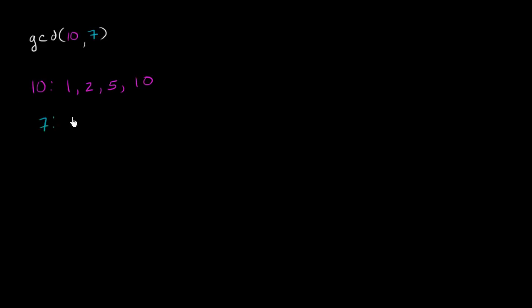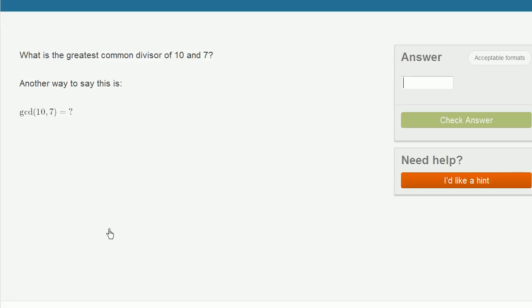Well, 7's prime. It only has two factors, 1 and itself. So what is the greatest common factor? There's only one common factor here, 1. So the greatest common factor of 10 and 7, or the greatest common divisor, is going to be equal to 1.